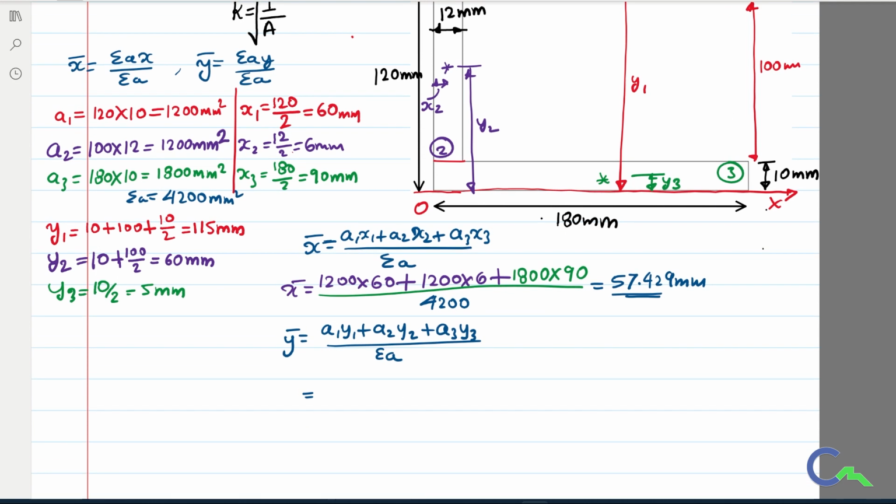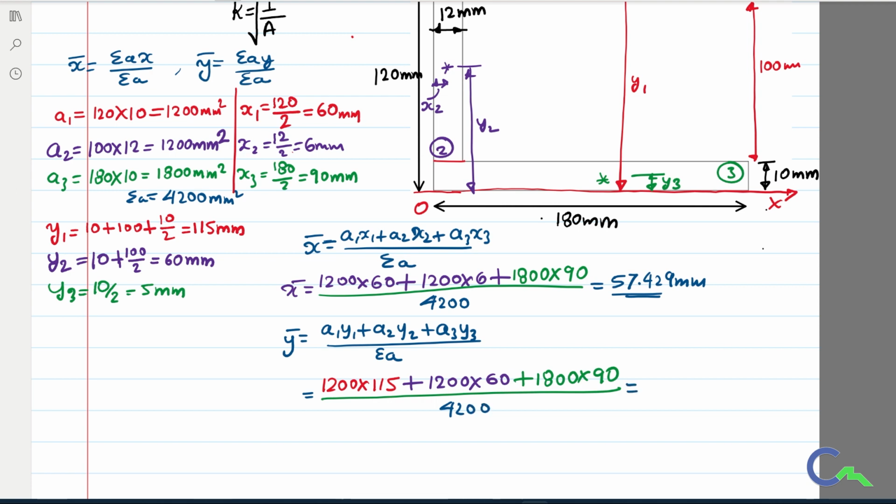We did all the calculation of areas and y distances, so just substitute: 1200 into y1, which we got as 115, plus a2, 1200, into y2, which is 60, plus 1800 into y3, that is a3 y3, divided by the total area, 4200.